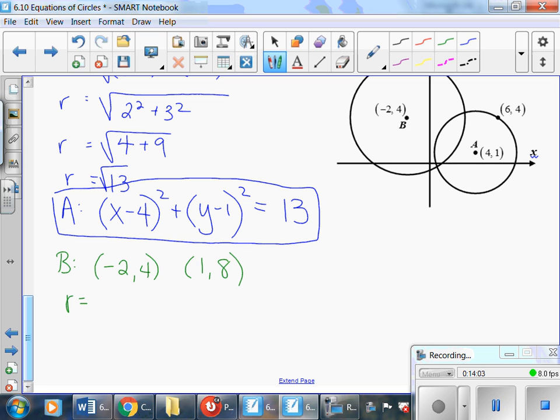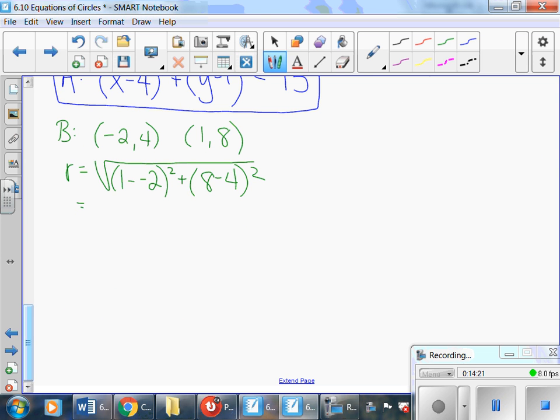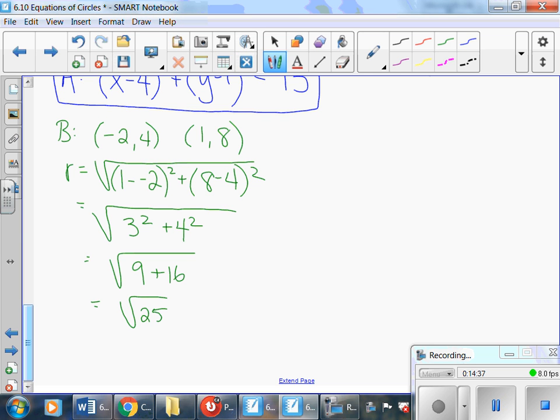I know that the radius is equal to my distance formula, which is the square root of (1 minus -2) squared plus (8 minus 4) squared, which is equal to the square root of 3 squared plus 4 squared, which is 9 plus 16, which is the square root of 25, and r is equal to 5.